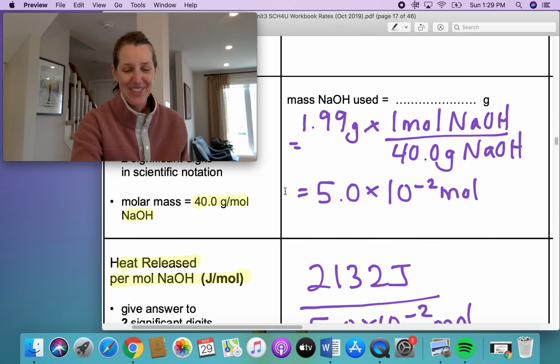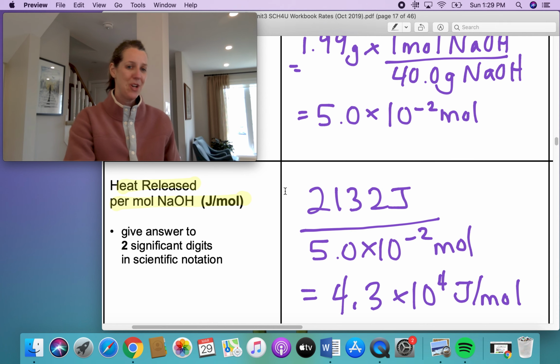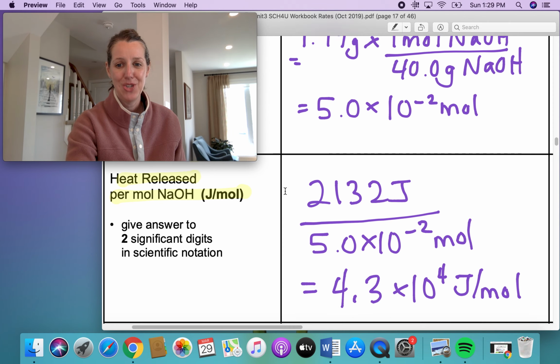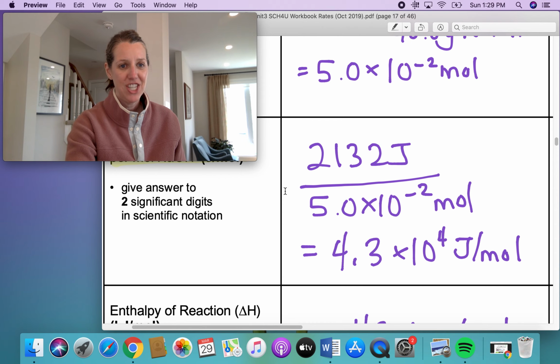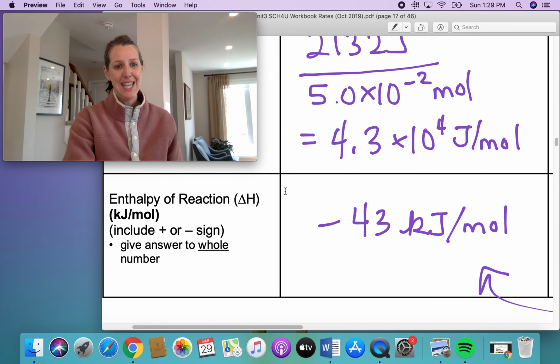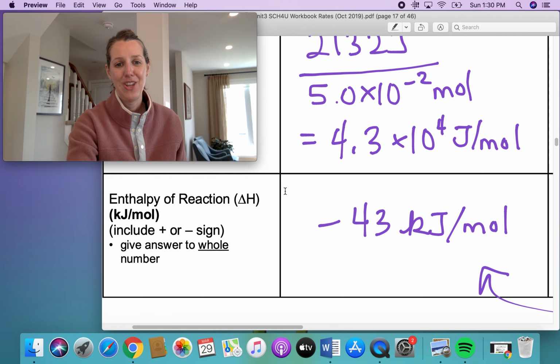Once we've got the number of moles, then we can make an expression that relates to how much energy per mole. So simply dividing the first box by the second box will give you a number in joules. And then let's just convert it to kilojoules because it makes a bit more sense, since the number is fairly large. So there we go. For reaction number 1, the enthalpy per mole is going to be negative 43 kilojoules per mole. That's referring to our exothermic reaction for the enthalpy.